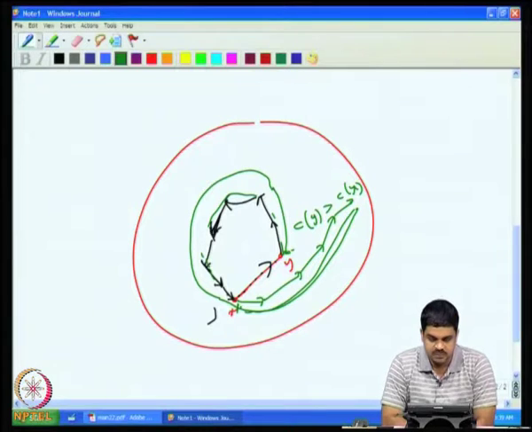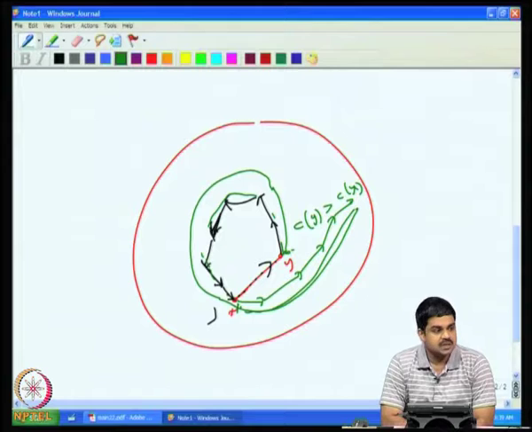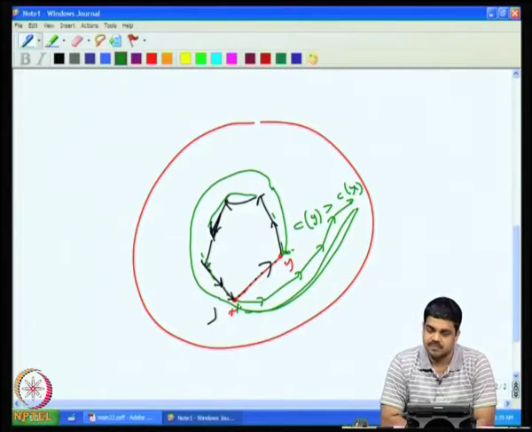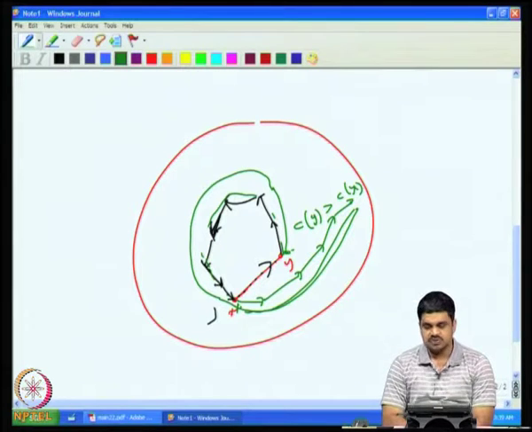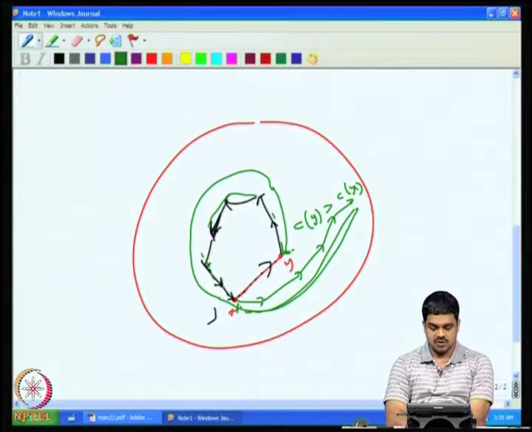So, there should be a vertex which got the color value k, and that means there exists a directed path in D dash with k vertices in it. So, that is what the Gallai-Roy theorem proves.